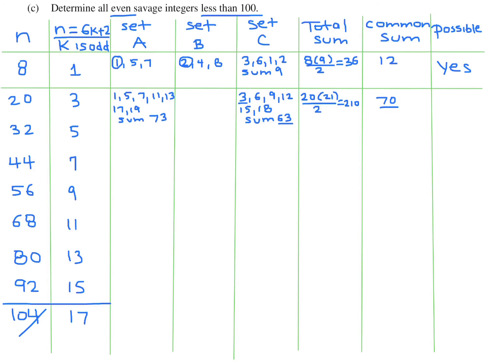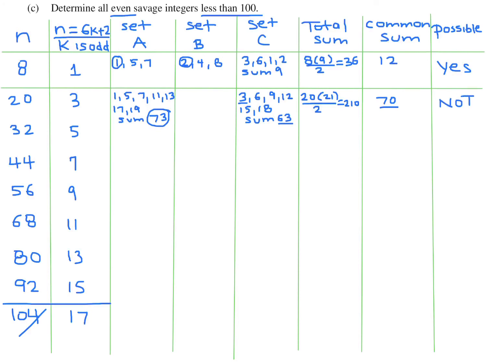So that basically means I got a 3 that I have to take out of there. I've got to take something that equals 3 out of there and put it into C in order to get this 73 to become a 70. But unfortunately, there's no way of doing that. How can you take a 3 out of here? There is no 3 and there's no numbers that add up to 3. So this is not possible.